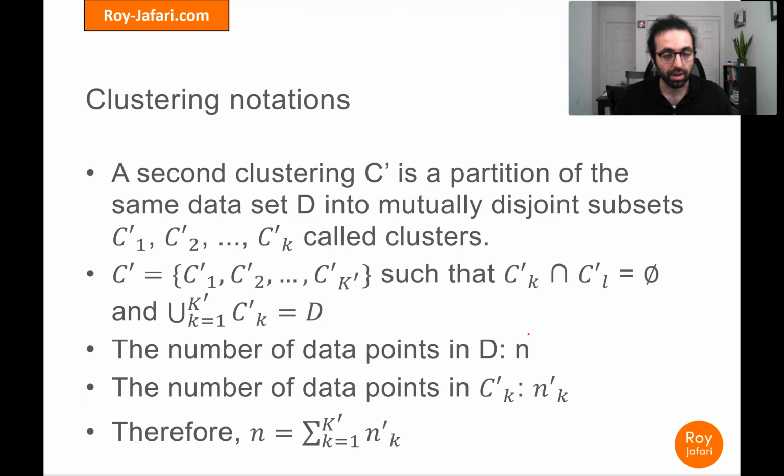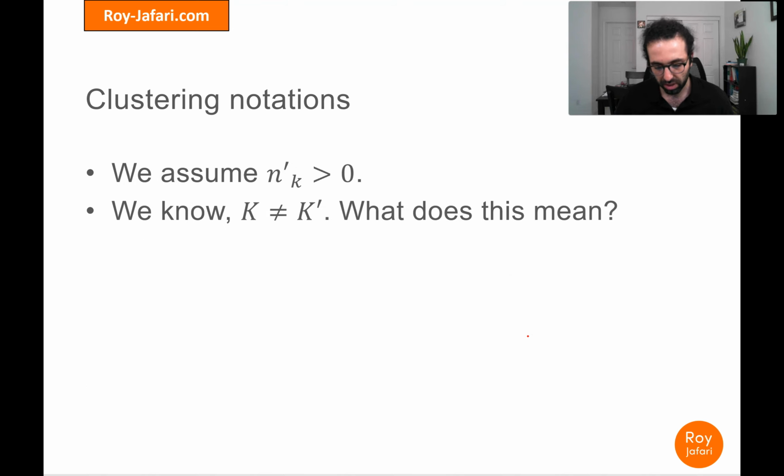The same thing, the intersection of each two clusters is going to be empty, and the union of all of the clusters is going to be the same as the whole set of data objects. And the same with N prime K, and all of that. So this is actually N prime here, so let me correct that. And the same thing with the number of clusters, and all of the clusters are non-empty.